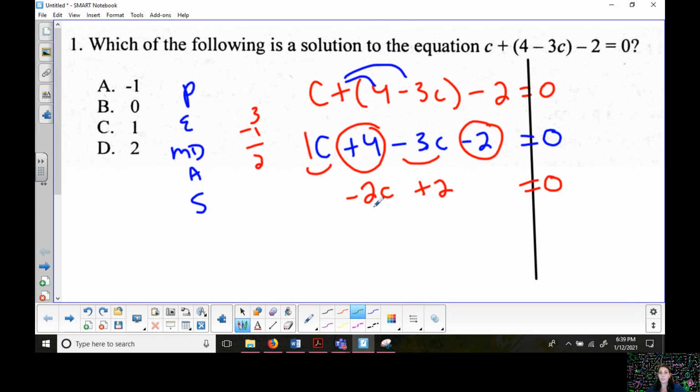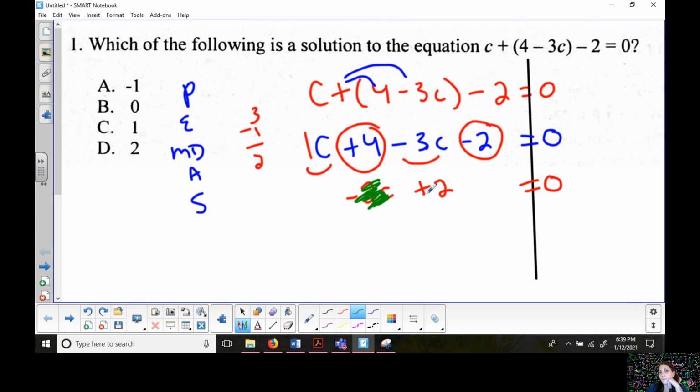Now that we're nice and simplified over here, what I like to do is tell students to cover up the term that has your variable and move everything away from it to the other side. If I cover this guy up, I want to move this to the other side. Right now we have a positive 2. When you want to move it over, we do the opposites.